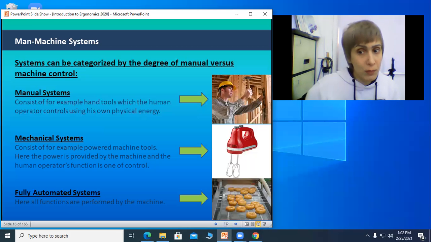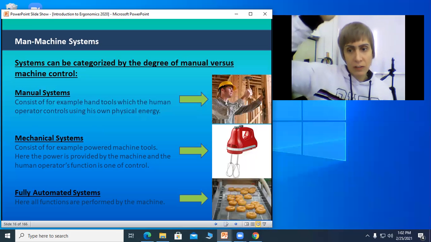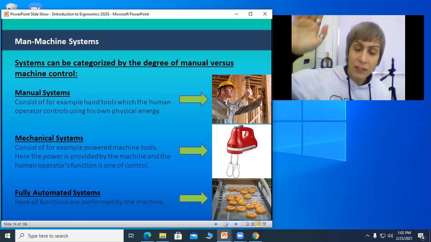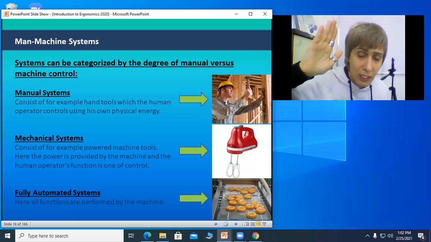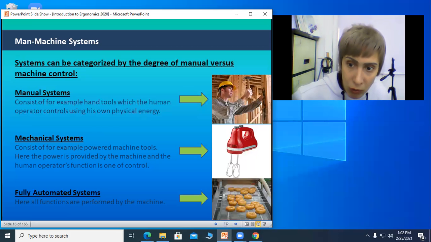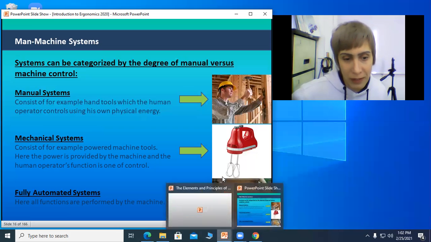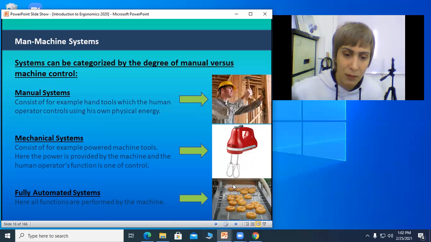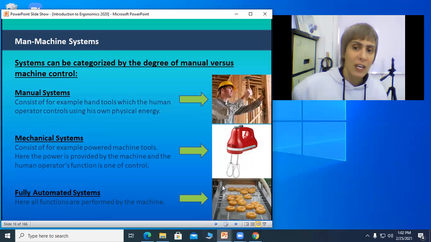There are also fully automated systems, like those sent outside of space, where nobody's controlling them. Everything is done by the machine alone without human involvement or control. So these are fully automated systems, or almost fully automated systems, like in the manufacturing plants.